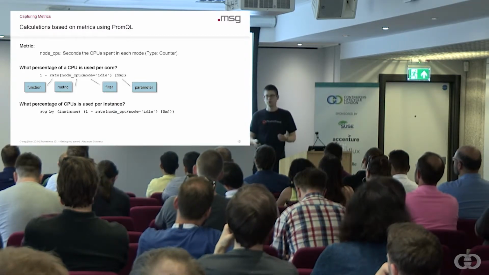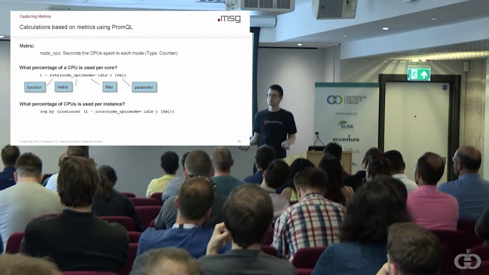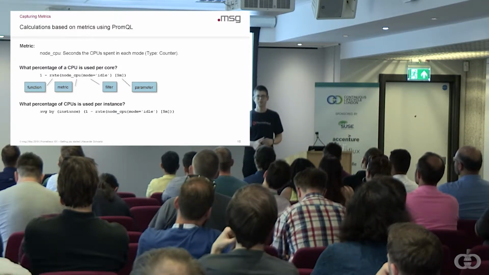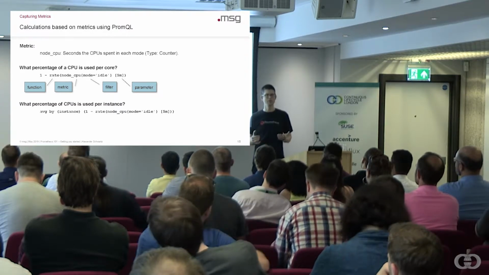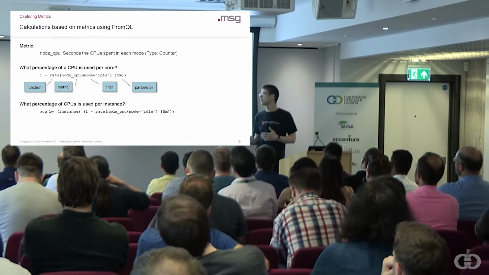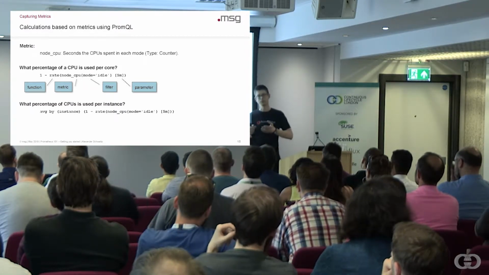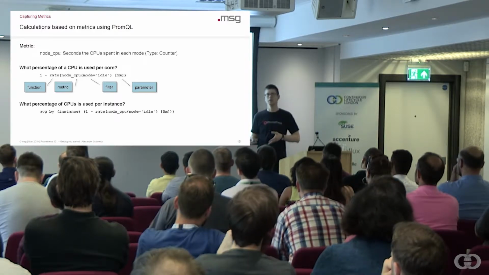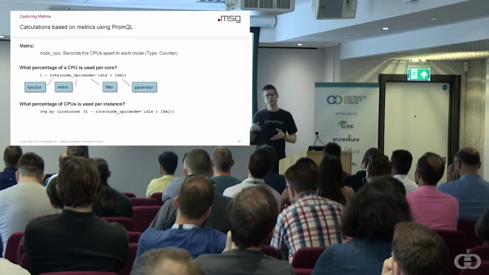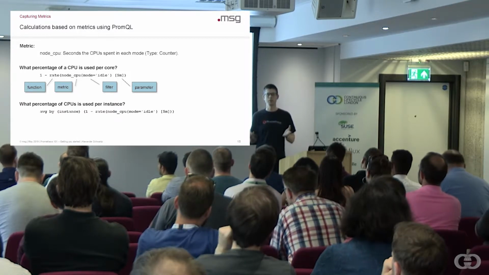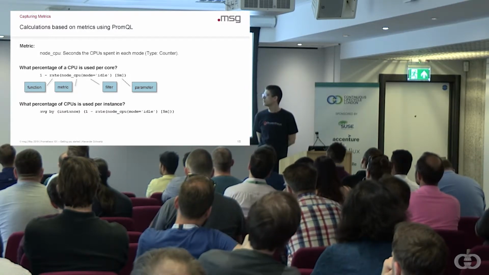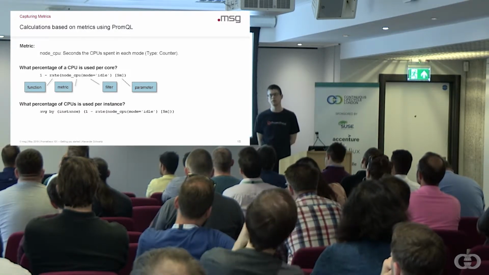And well, I'm usually not interested in a single core on an instance, right? I'm more interested in how a complete instance performs, so I can get the average of CPU core usage on a single instance. But I can aggregate that also on a cluster basis, on a data center, on a rack, to give me a better idea what's currently going on here.